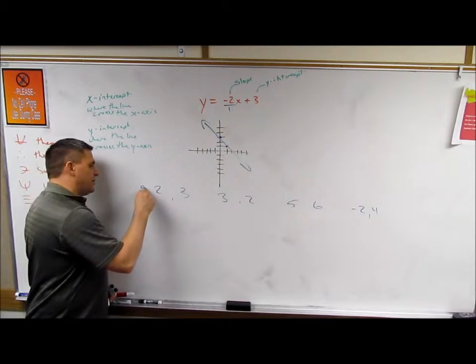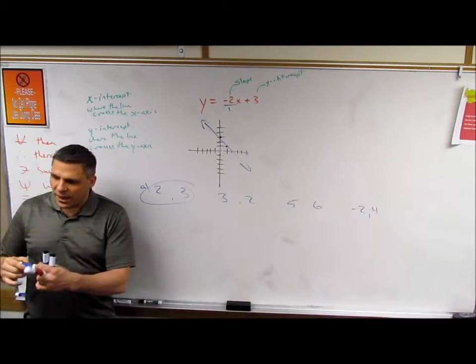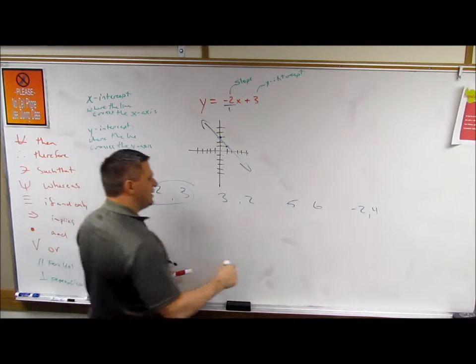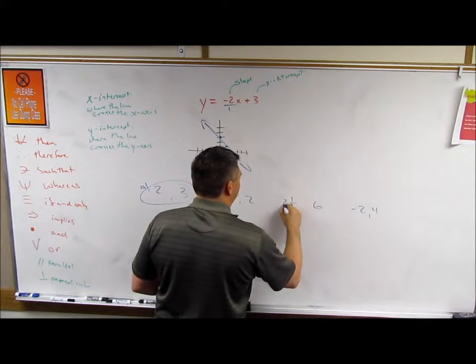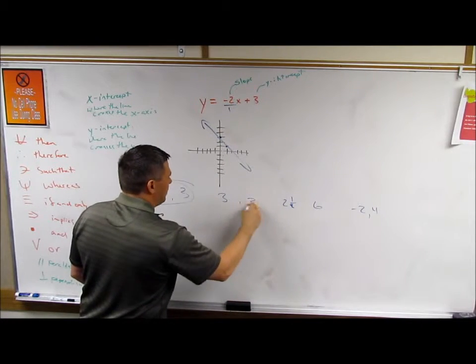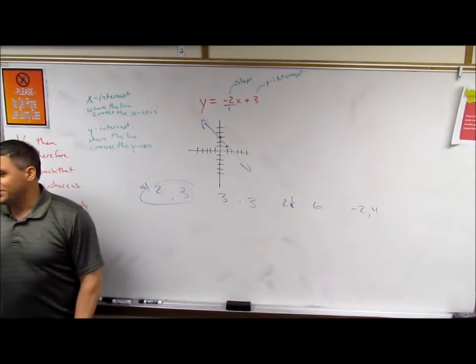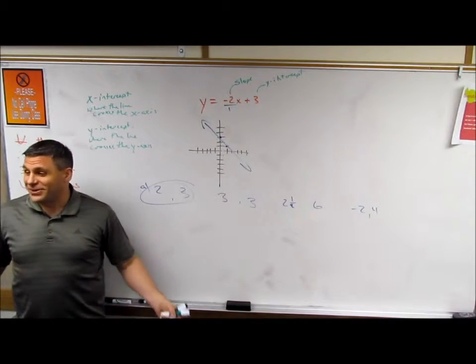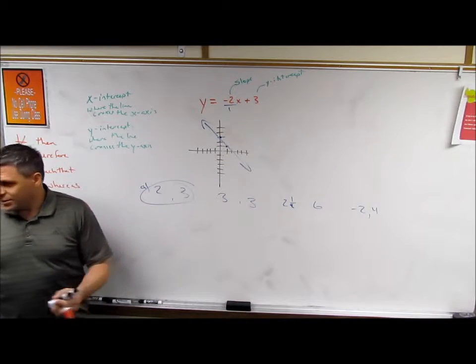If it's, wow, it's that one. Easy, done, right? But what if it's 2.5? Or maybe it was 3 and 3. Maybe it looks like it goes through 2, but I did such a poor job of graphing it that it really went through 3. Okay?